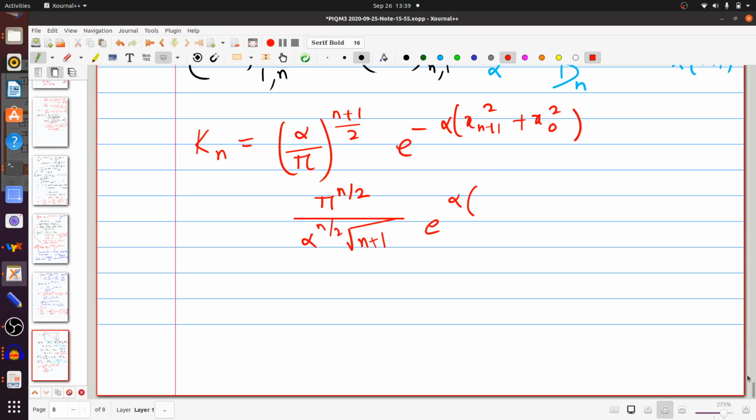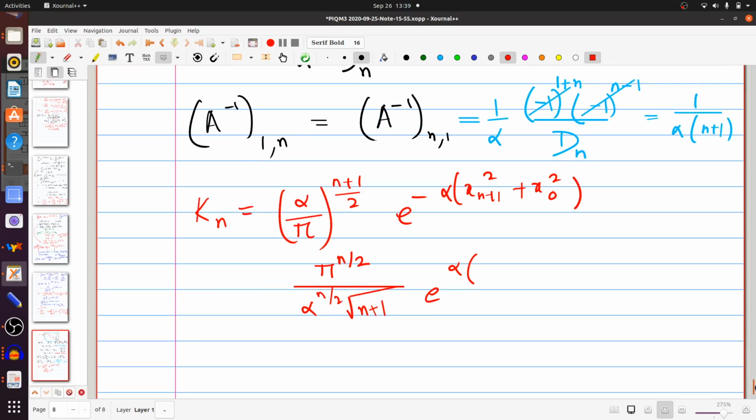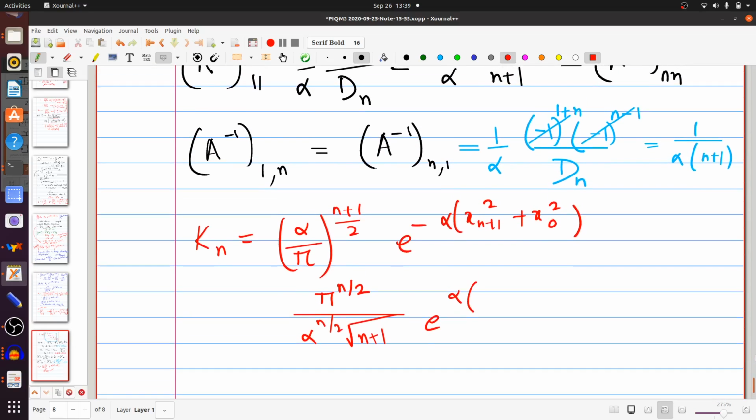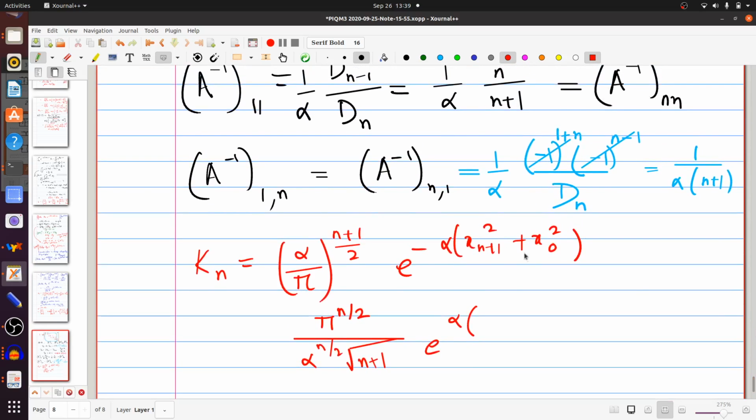times. Now this is where the terms that I have calculated come into being. The 1st position in B is occupied by x0, so x0 square is multiplied by n by n plus 1. There was a 1 by alpha which I had already taken into account outside, plus xn plus 1 square into n by n plus 1.